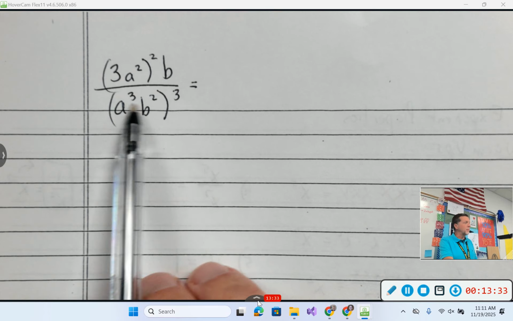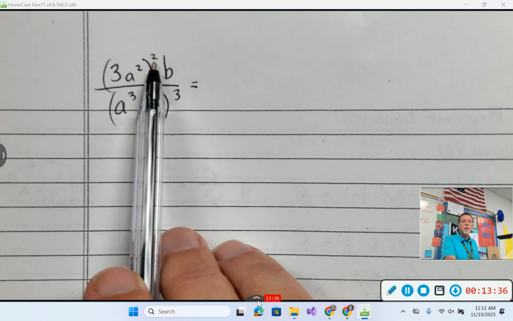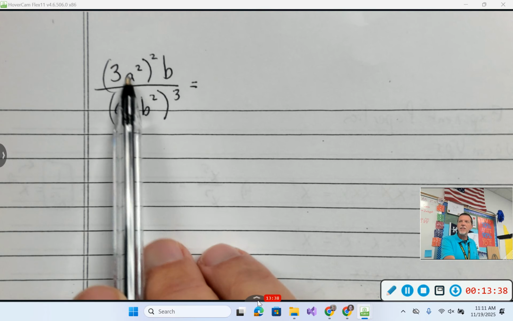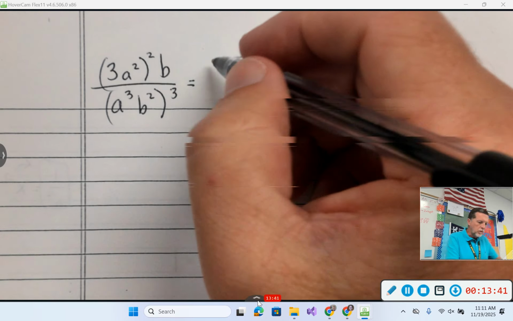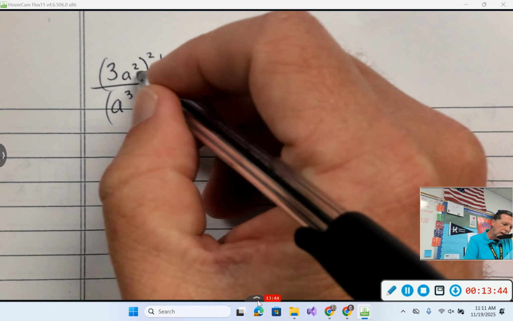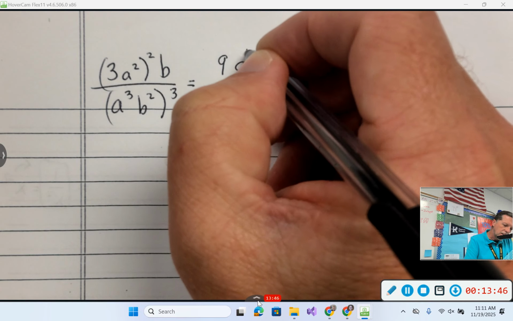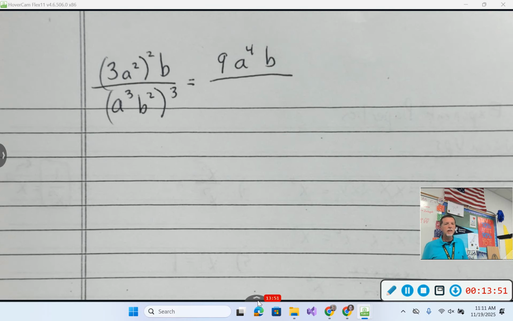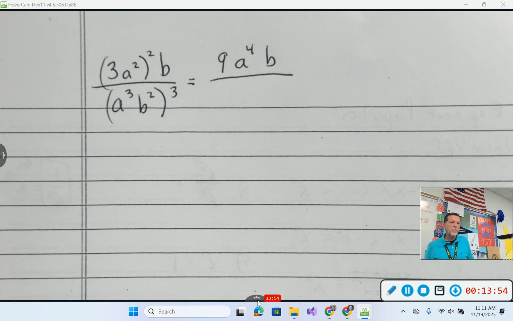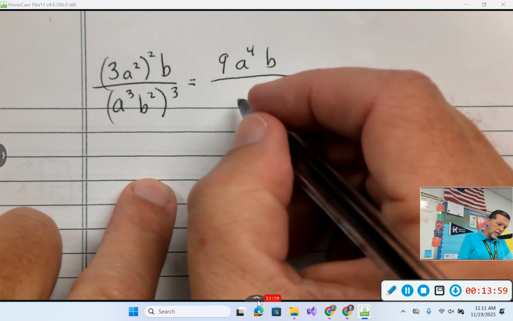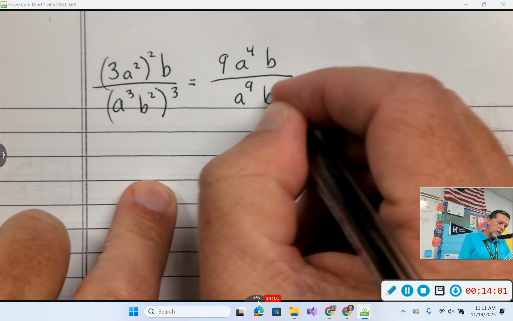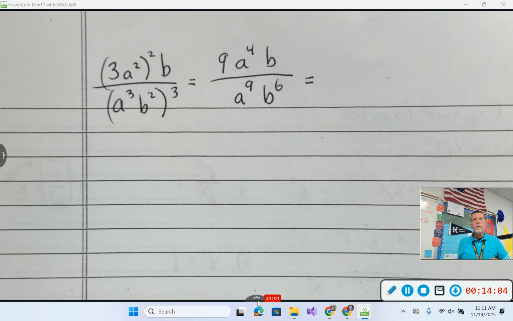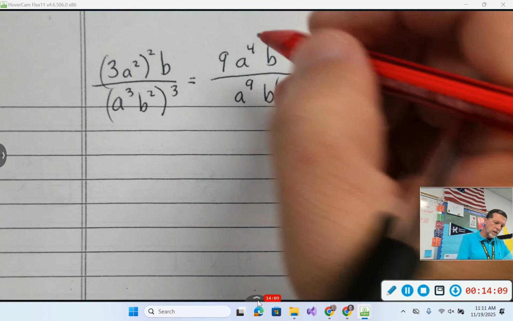Yeah, so that was a good go, but they're not the same. But I can square both of the things inside the parentheses. So 3 squared is 9. What about a squared squared? A to the 4th. And then b's, nothing I can do with that. And then in the bottom, you can do a to the 9th and b to the 6th. And now I can look and see who can reduce here.